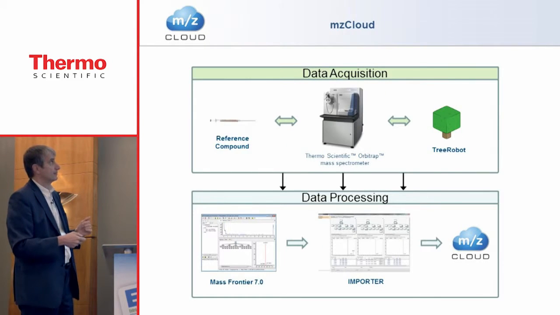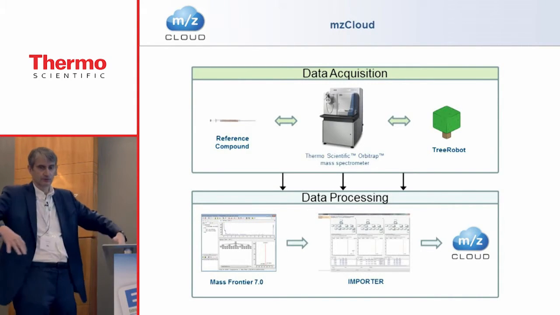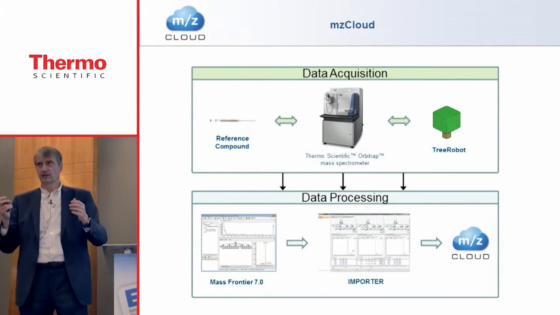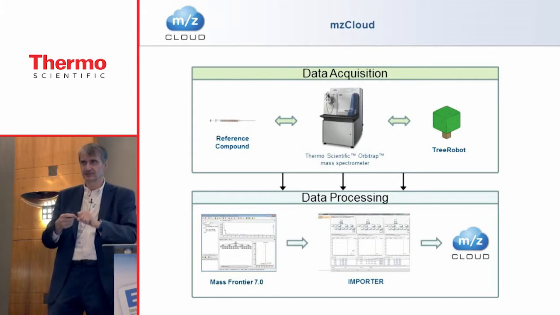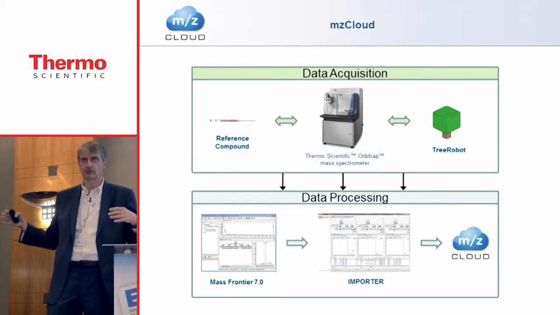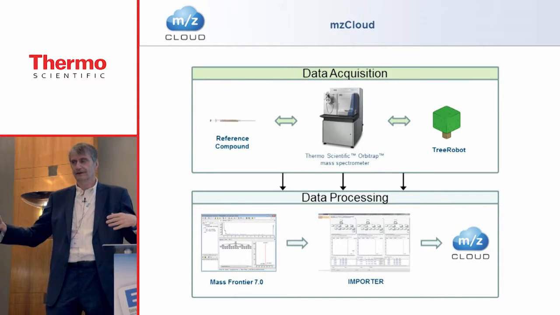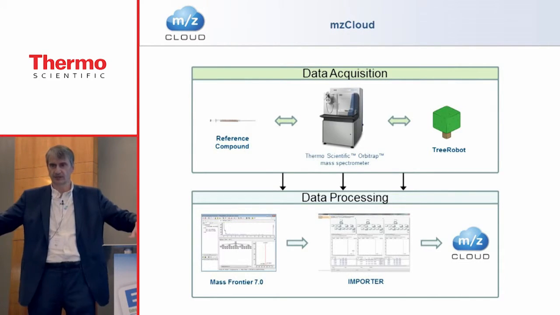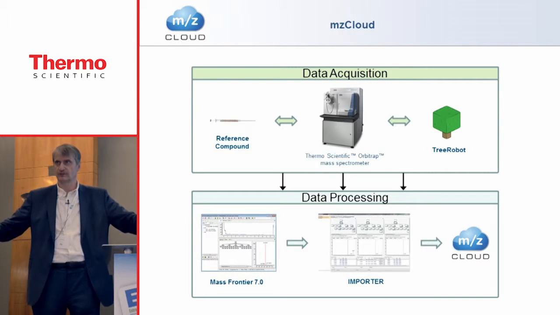So, more detail on how it works. We take the reference compound, we use direct injection, and we have special software that controls the mass spectrometer to create all those rich spectral trees, because our philosophy is, once we have a sample, we would like to get everything from the sample. We squeeze the sample to the last drop and get spectra at as many experimental conditions, as many collision energies, as many precursor ions as possible, and as deep as possible with the MSn stage.